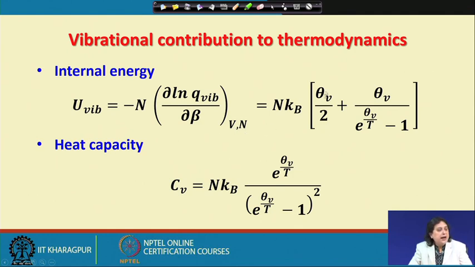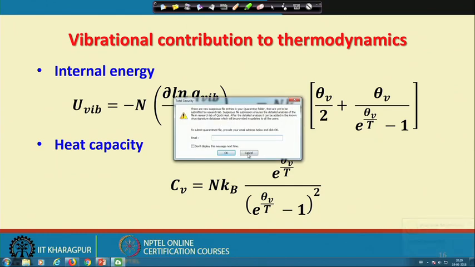You see that what I have is one term which is theta_v by 2 plus some term which is coming here, and the heat capacity then takes up the following form. So, these terms were not there when I talked about the monatomic case. You can go back and check that very easily.